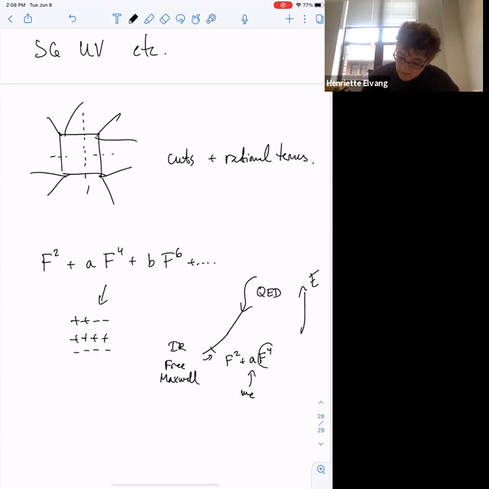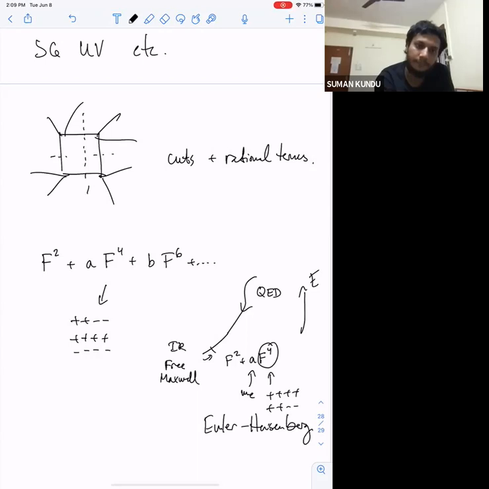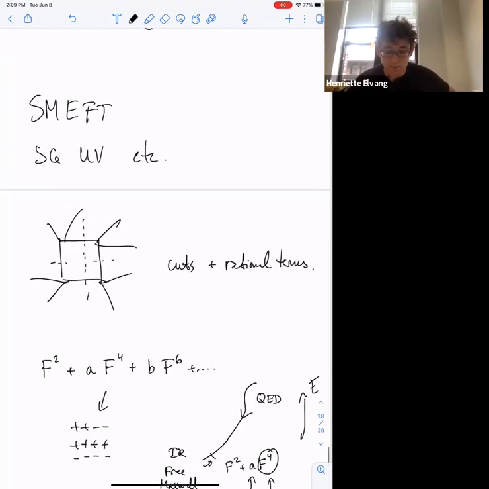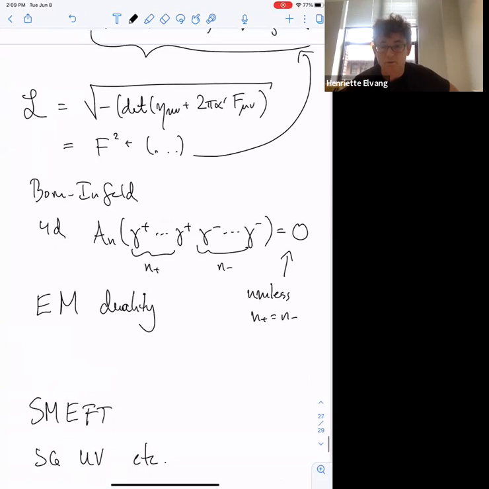This operator here is not the same as the Born-Infeld operator. This contributes both to the all plus and to the plus plus minus minus. The action that comes out in this way is called Euler-Heisenberg. So that is just one example that has both classes of amplitudes for photons in it.